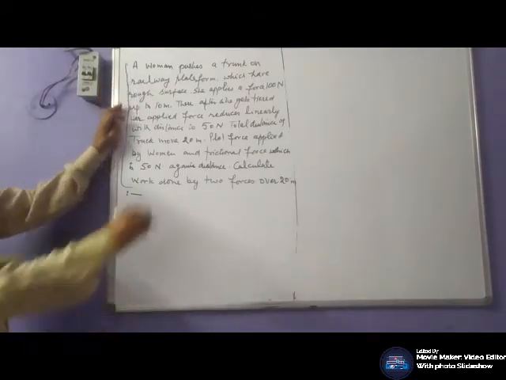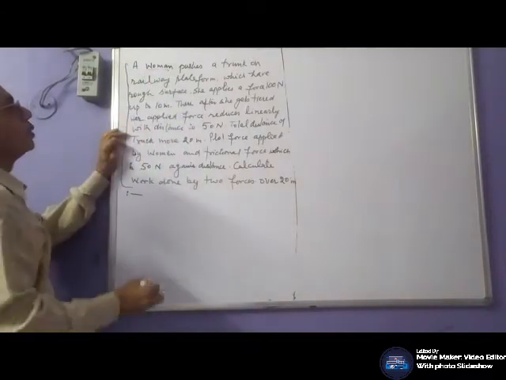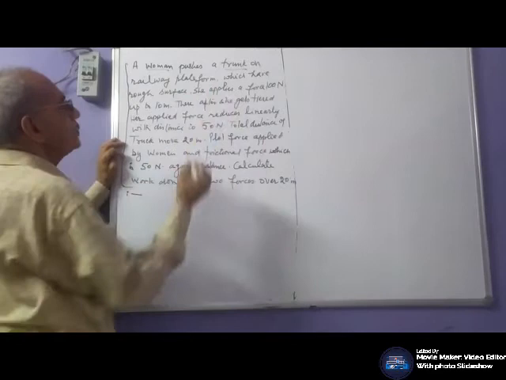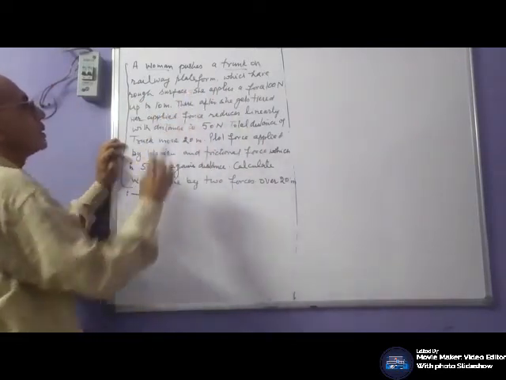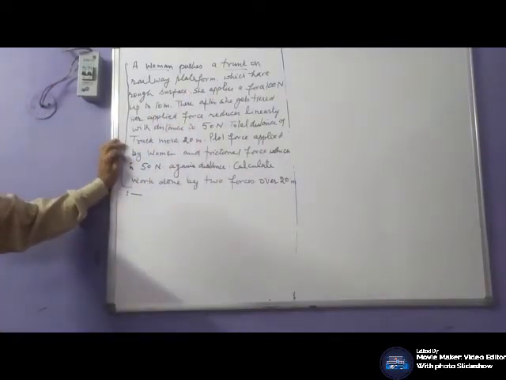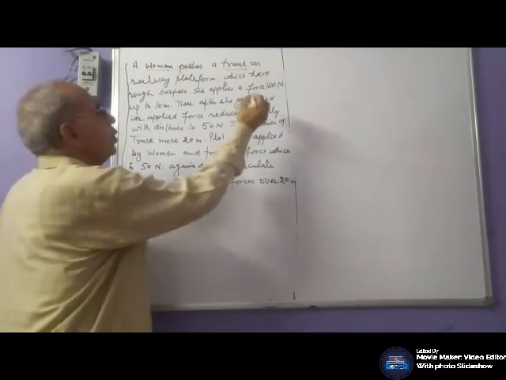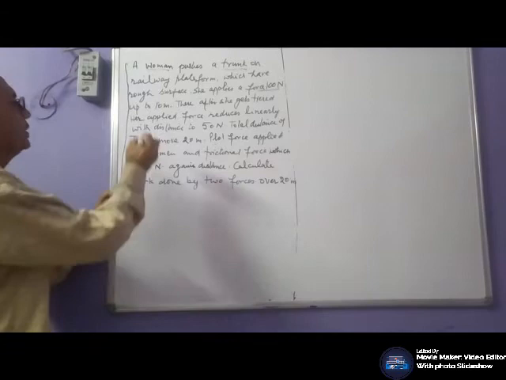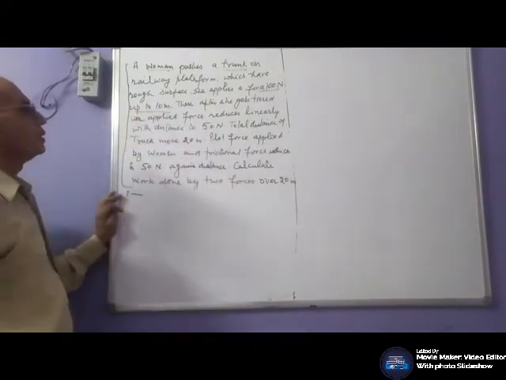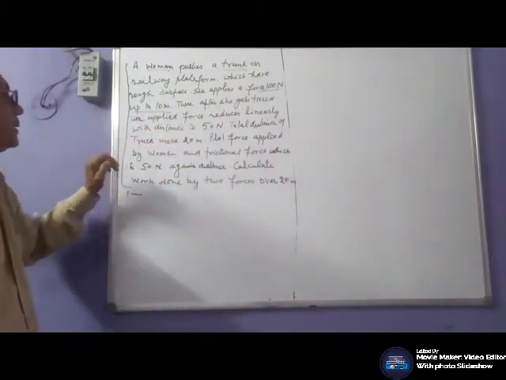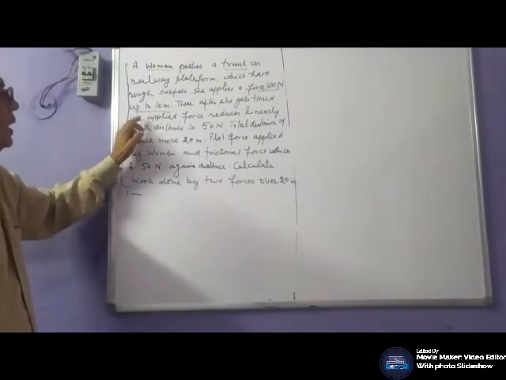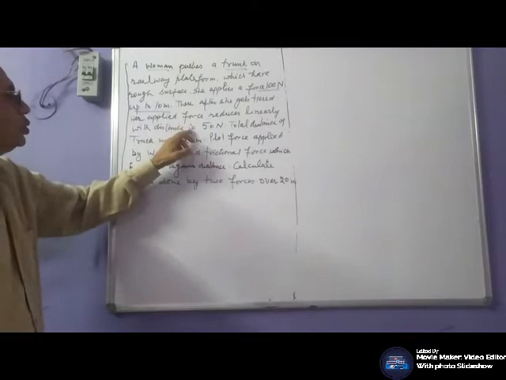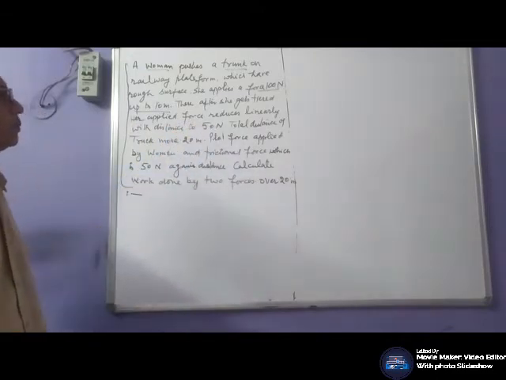A woman pushes a trunk on a railway platform which has a rough surface. She applies a force of 100 Newton up to 10 meter. Thereafter she gets tired. Her applied force reduces linearly with distance to 50 Newton.